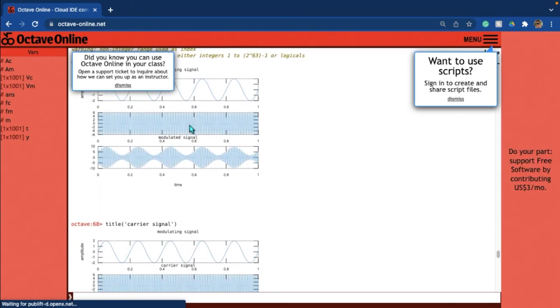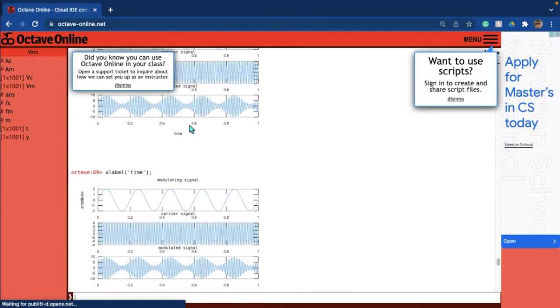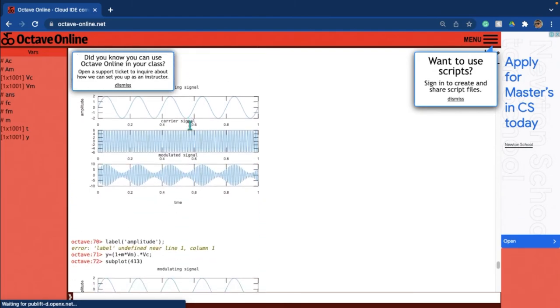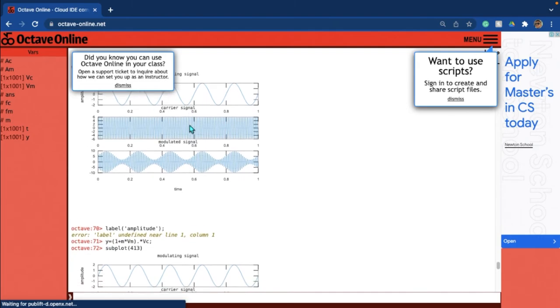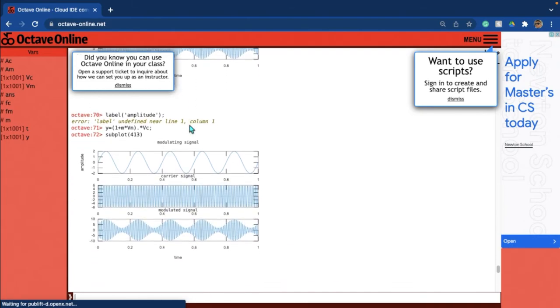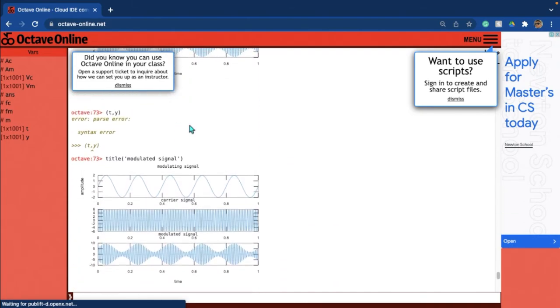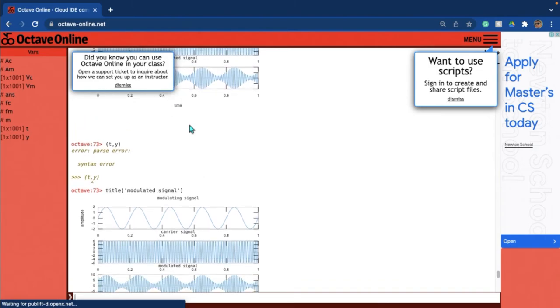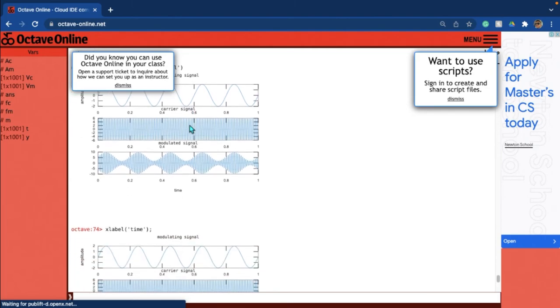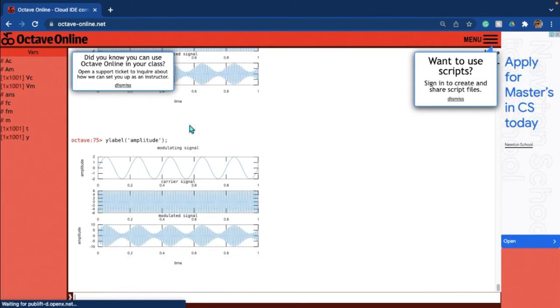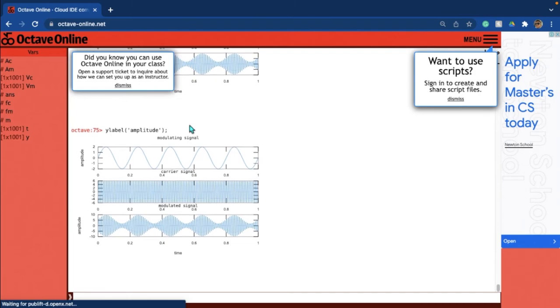Alright, plot. Title carrier. Okay. Next label. So now Y is equal to 1 plus M into VM into VC. Okay. 413. Plot T Y. Title modulated signal. X label. Y label amplitude.